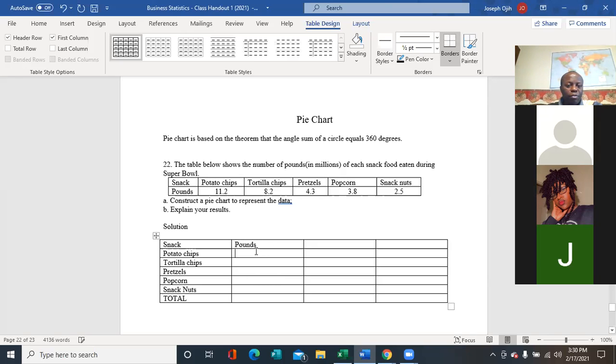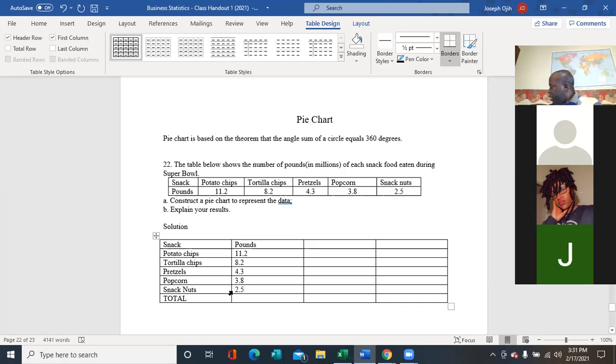For this one, we have 11.2 pounds, 8.2 pounds. Tortilla chips have 4.3 pounds. Popcorn has 3.8. Then for snack nuts we got 2.5, and you're going to get their total.